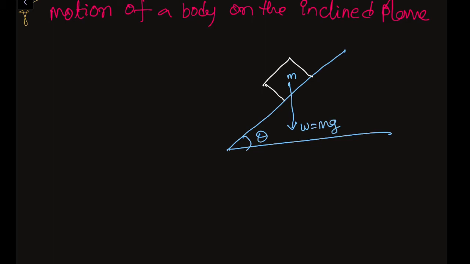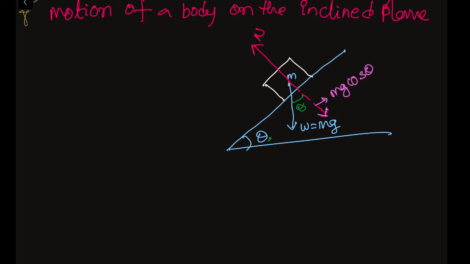Then the normal force acts perpendicular to the surface. We can make one axis, and here some angle theta is there, the same angle. So the component of the weight vector along the perpendicular direction is mg cos theta.